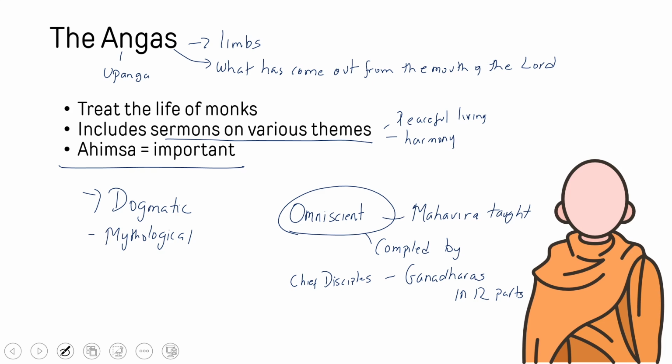It is said that Mahavira attained complete knowledge somewhere around the age of 42, after 12 and a half years of ascetic practice.